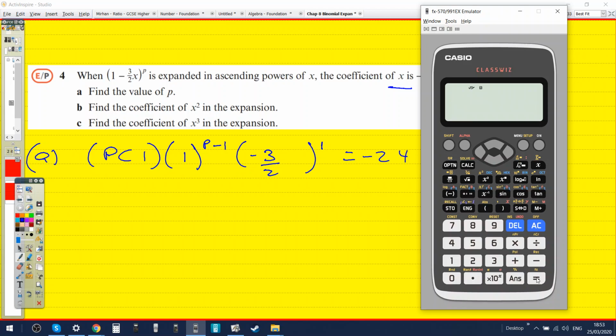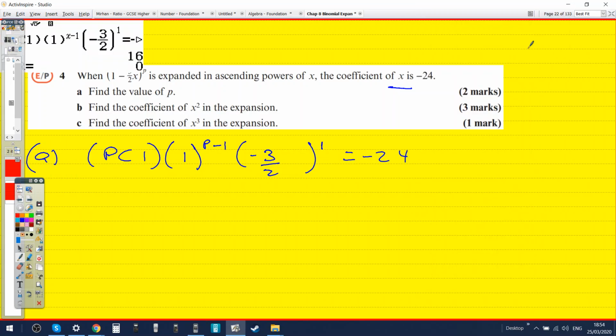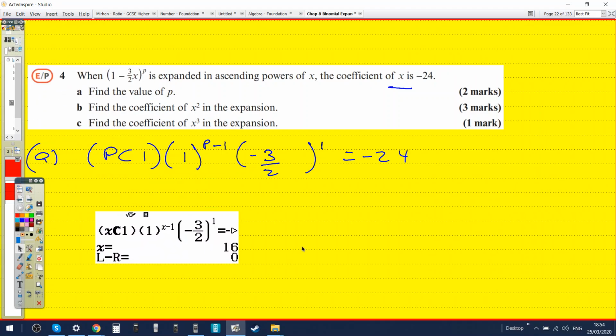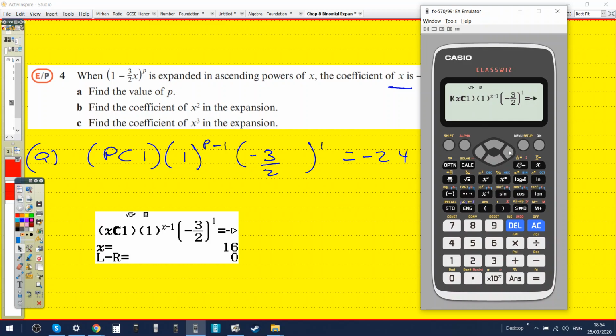No. Worked for me. Mine says math error. Press left. Yeah. Is there some way that yours is different from mine? X choose 1. 1 to the x minus 1. And then minus 3 over 2 to the power of 1. So equals minus 24.